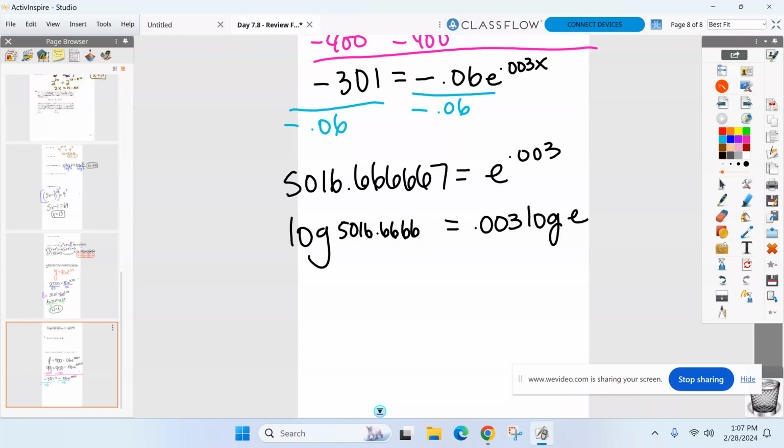All right, if you are a logger, then where's my variable? X, sorry. Okay, what do you want to do next to get X by itself? Divide by 0.003 log e. Oh, you're an all at once one. Good. We could do it separately if we wanted to, though, right? And make it into 2 steps.